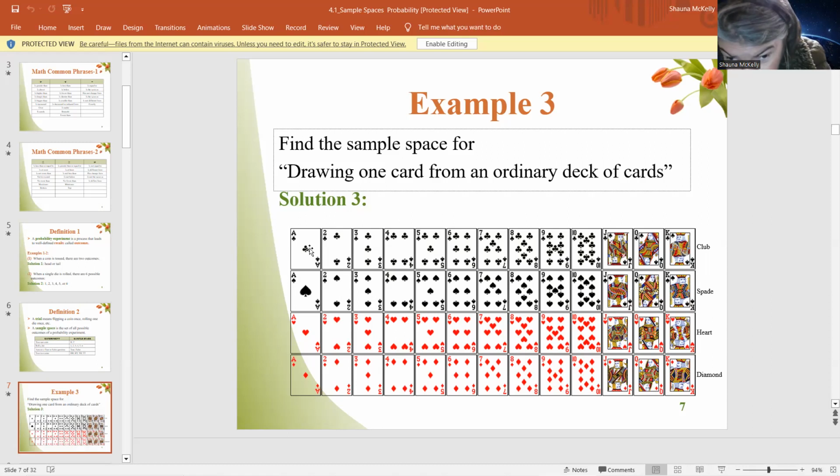Now, aces are interesting. In most of the problems in this class, we consider an ace a value of 1, so it's lower than a 2. There are a few problems where ace is considered a high card. So you might hear the phrase "ace is high" in some games. That means that an ace is actually considered like an 11, or maybe even a 14, depending on how the game is played.